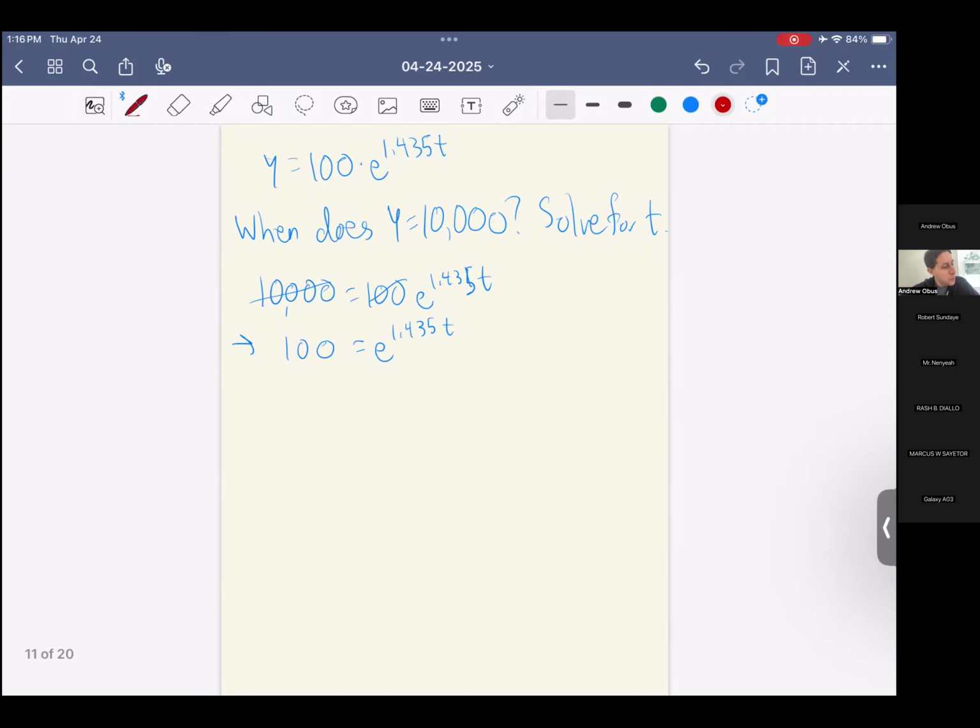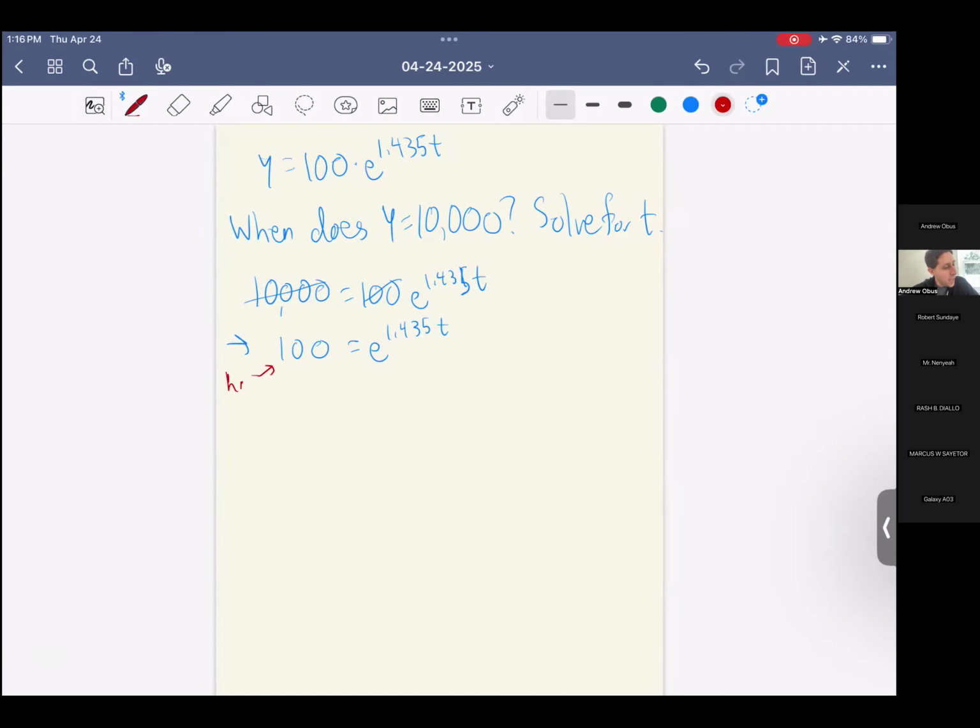And now what we do is we take ln of both sides. Ln is how we eliminate e from an equation. Ln of both sides gives us that ln of 100 equals natural log of e to the 1.435t. That's saying, what do you need to raise e to, to get e to the 1.435t? The answer is 1.435t. So the ln and the e cancel each other out because they're inverse functions.